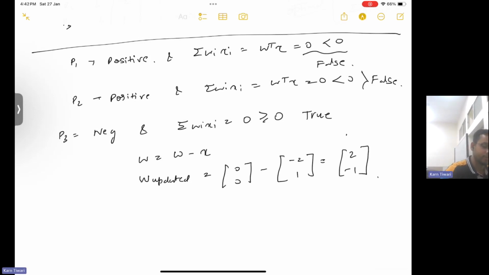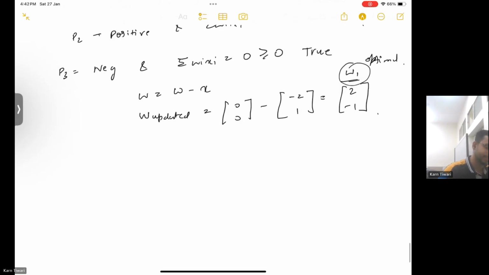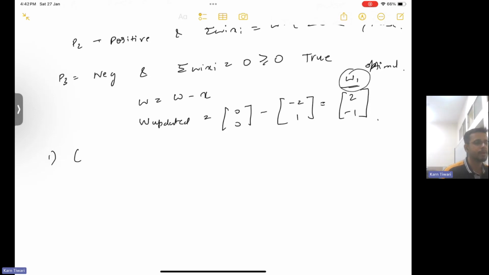So now we need to check whether this weight is optimal or not. In the first case, when our point was 2 comma 2, let me check.